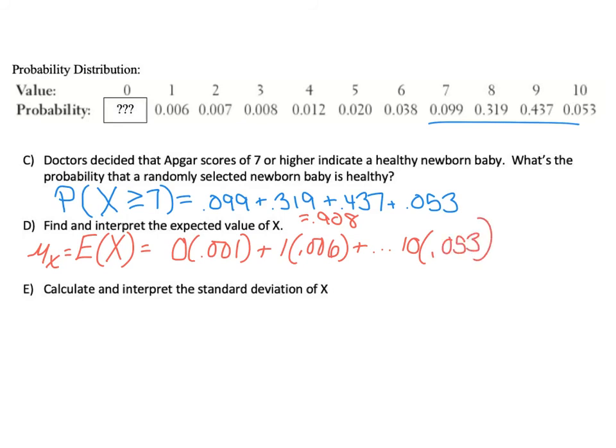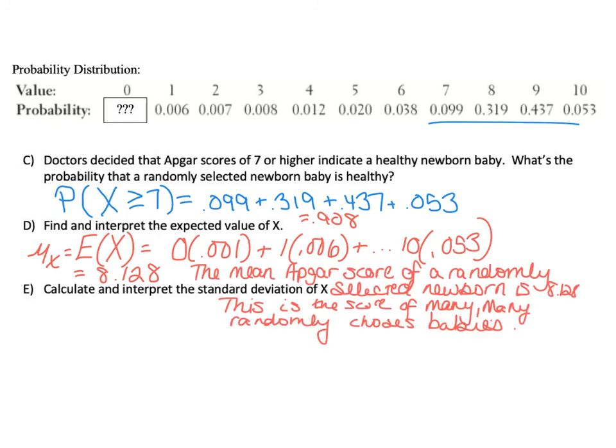And I can put this in my calculator. You can use your one variable stat feature. Have your data in list 1 and list 2. Or by hand. And I would say that this is the mean Apgar score of many, many randomly chosen babies.